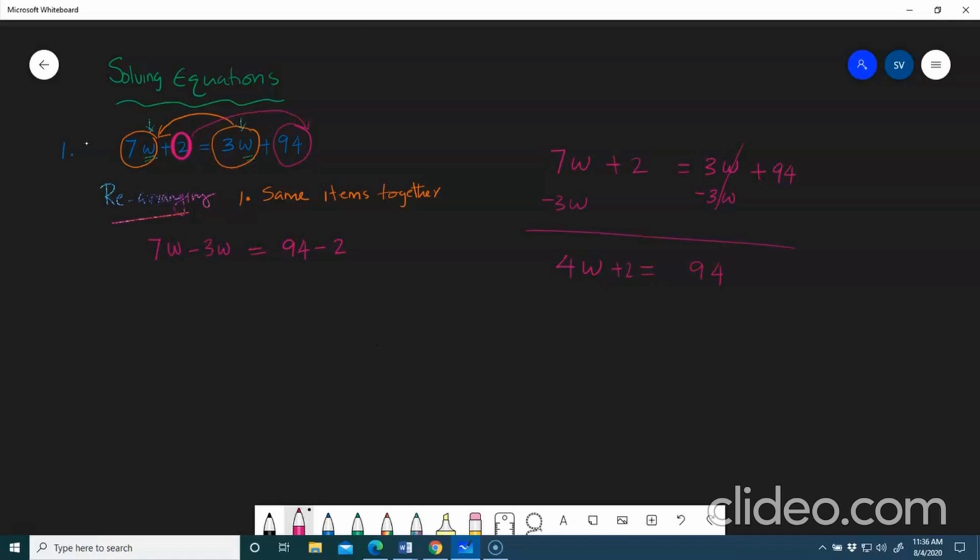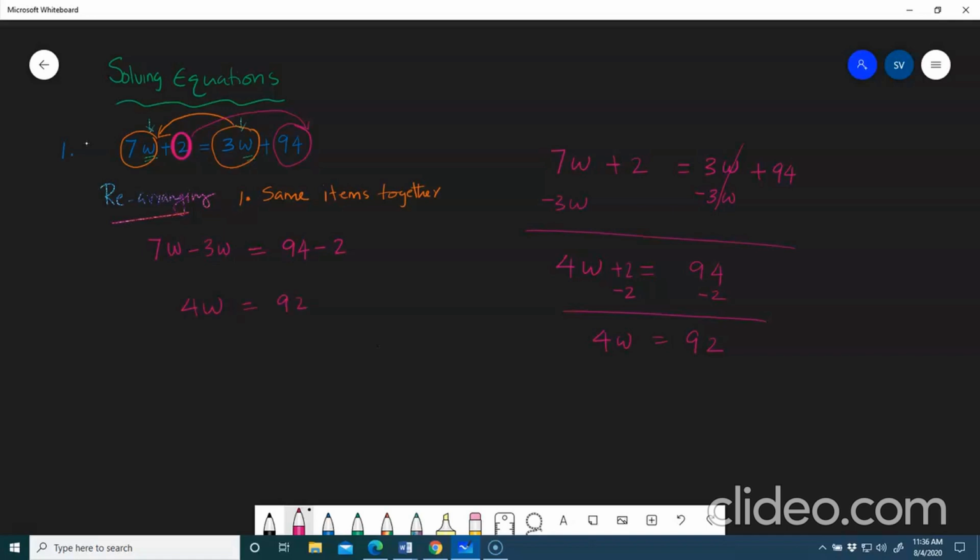Next, in the next step, we will eliminate this 2. So 4w is equal to 94 minus 2, which is 92. Guys, now see the left side. 7w minus 3w. What is 7w minus 3w? It is 4w. 4w is equal to 94 minus 2, which is 92.